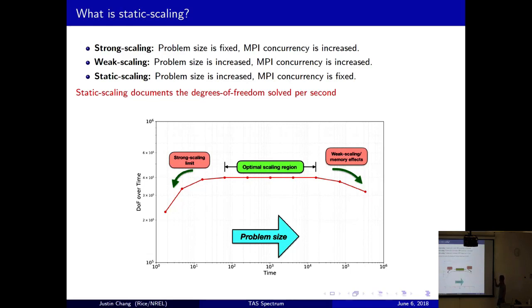But if the problem gets too large, we might start seeing some weak scaling memory effects, because your computing resources are fixed. You'll run out of memory, you have a lot of cache misses, or if your solver and preconditioner choices are not optimal, you might get suboptimal algorithmic convergence, and then you also see a downturn.